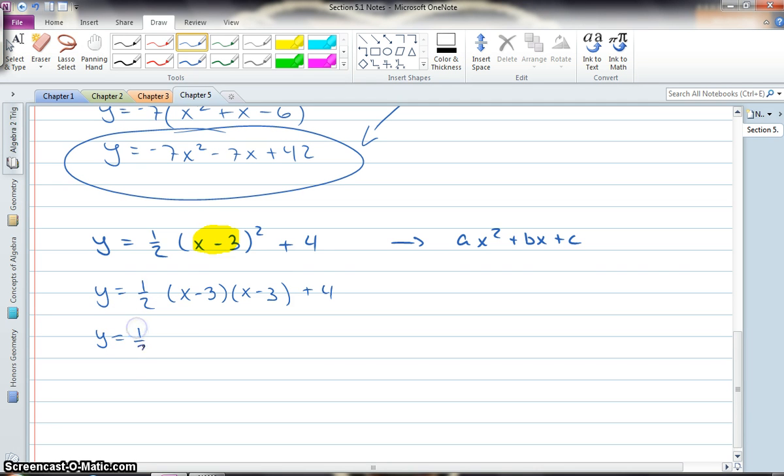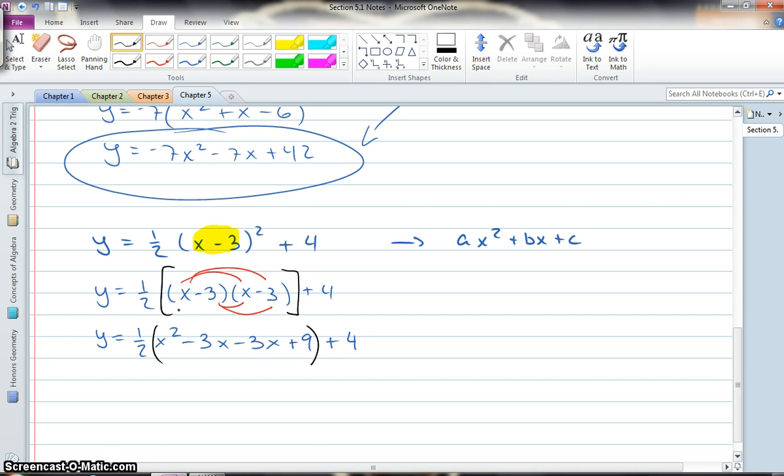So I have y equals 1/2. Bam, bam, bam, bam. So I got x squared minus 3x minus 3x plus 9, plus 4. Now again, you have to be very careful. All right, this whole piece came from there.